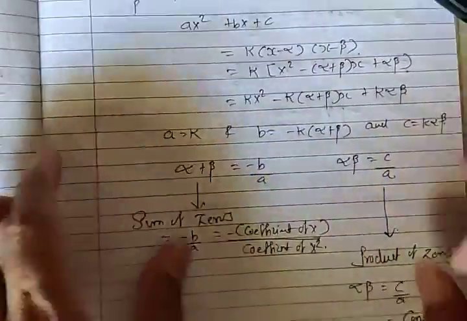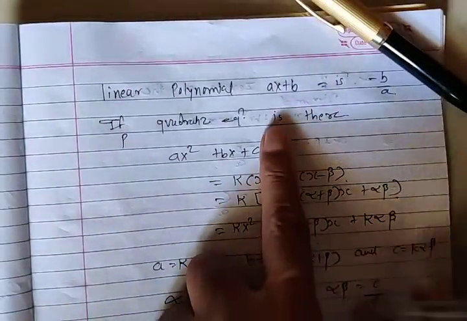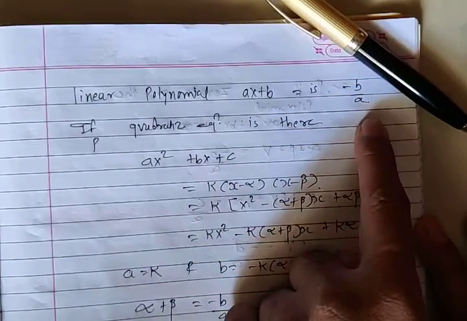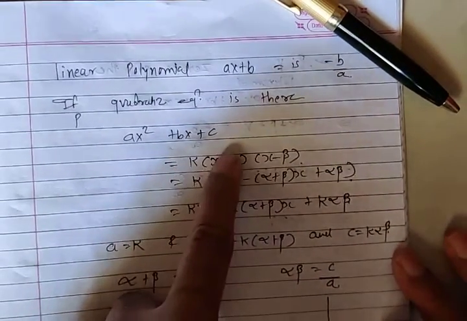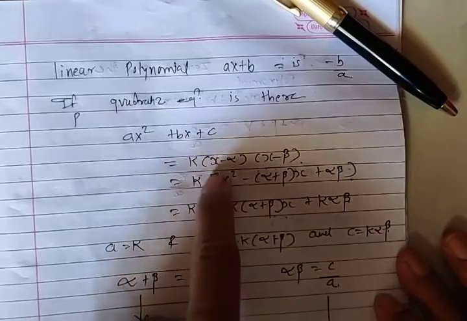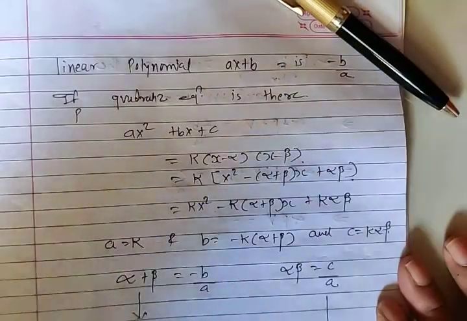Here, based on this, if I am considering a linear polynomial, ax plus b is equal to 0, what will it become? Minus b by a. If there is a quadratic equation, ax square plus bx plus c, and I take k as a constant, then it has two parts, that we have seen in standard 9.